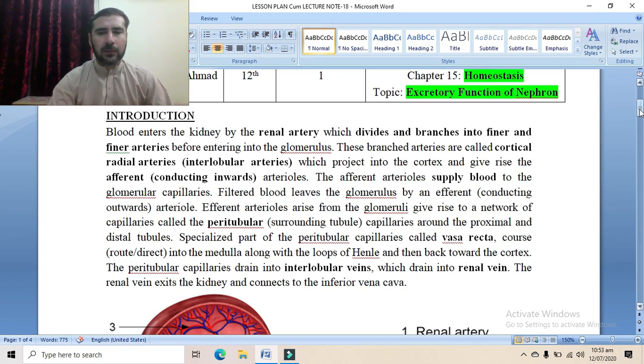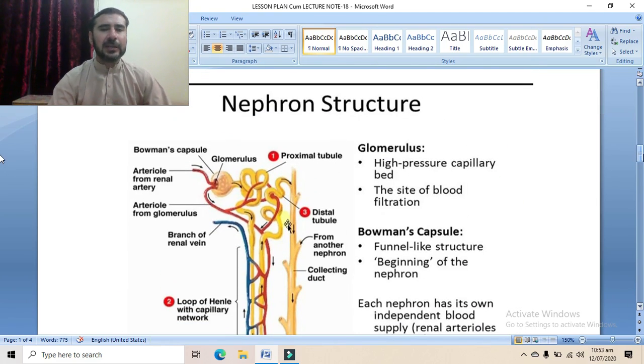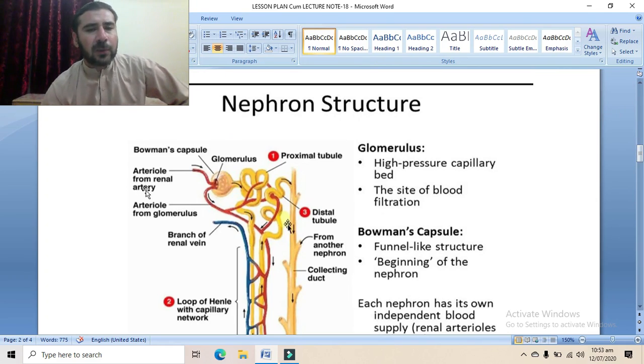Now we will explain it diagrammatically. Diagrammatically it is shown here. Now the arterioles from the renal artery, these are the efferent arterioles. This is one and there are several, so these are efferent arterioles which are moving inside the Bowman capsule, and this arteriole will basically form the tuft of capillaries which is known as glomerulus.